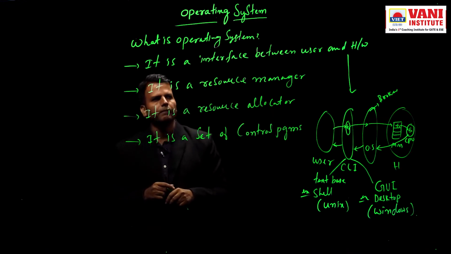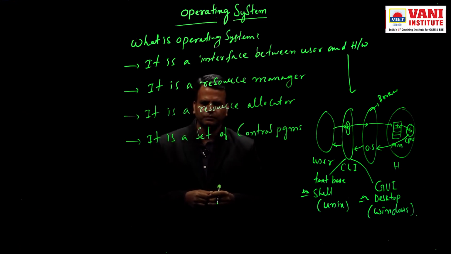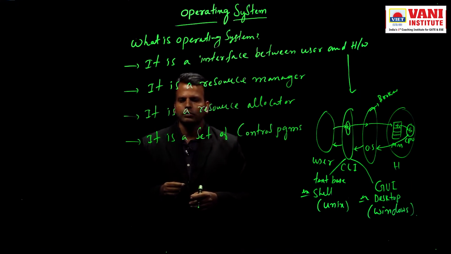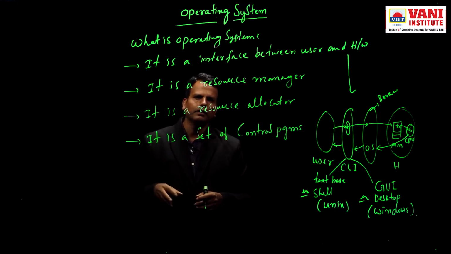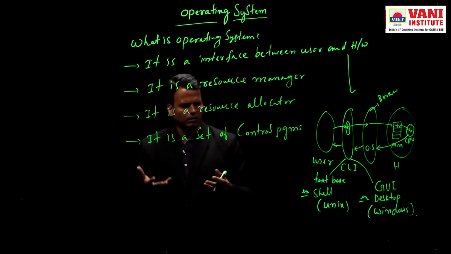Okay, now next one, same thing if you are thinking in terms of memory also. If you want to execute any process, what do you need to do? As I am clicking, first of all, we need to bring that process from hard disk to the main memory. Who does it? The operating system.